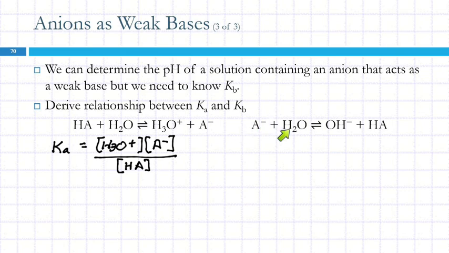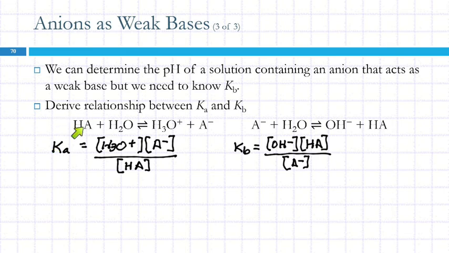It's going to accept a hydrogen from the water to form hydroxide and HA. This is the equilibrium expression for a weak base. So we got hydroxide ion and HA, and down here we've got A minus. Everybody okay with that?